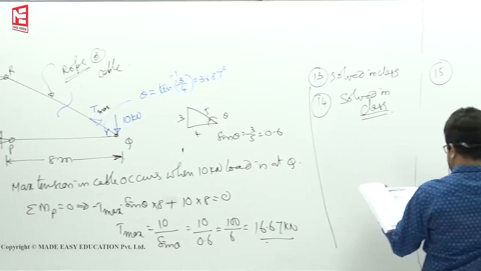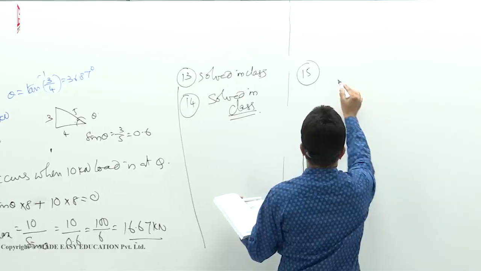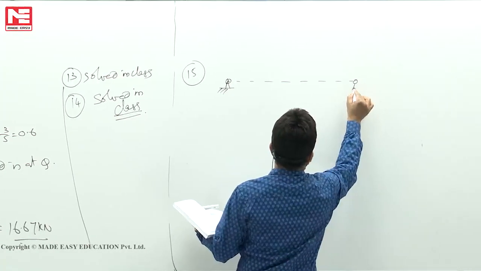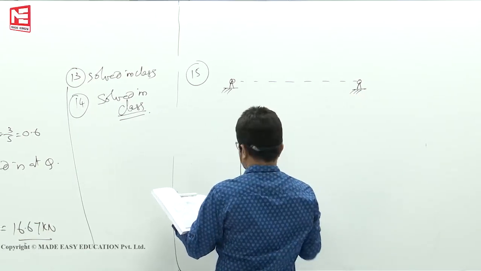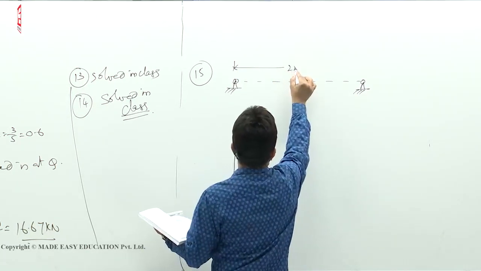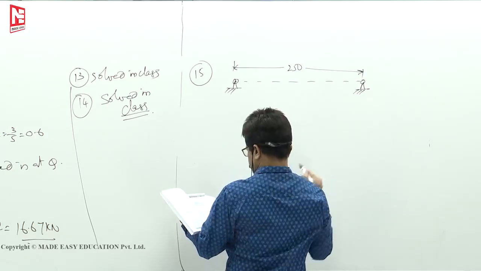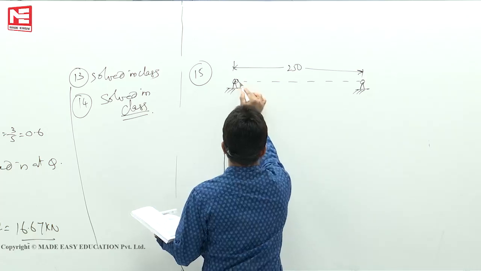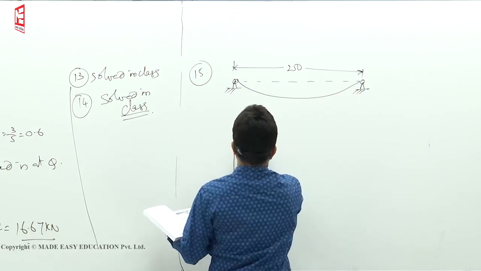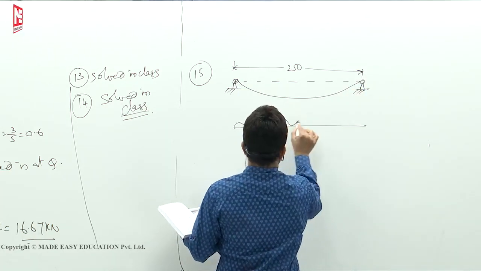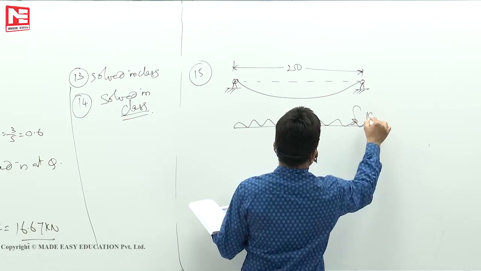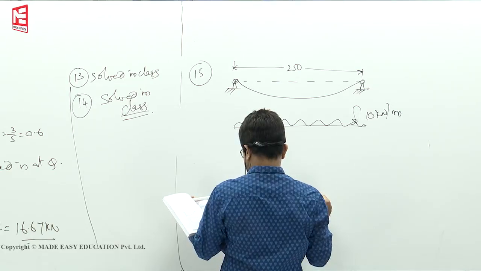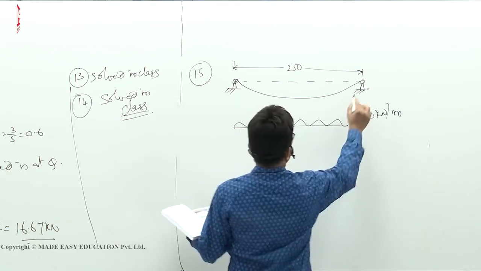A cable suspends across a gap of 250 meters and carries a uniform UDL of 10 kilonewtons per meter horizontally. Calculate the maximum tension. What is T max?